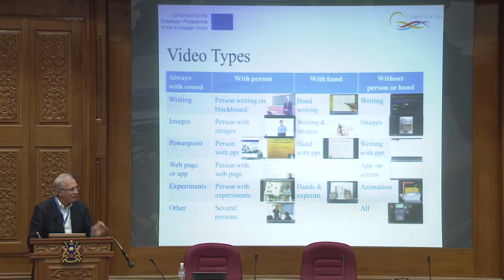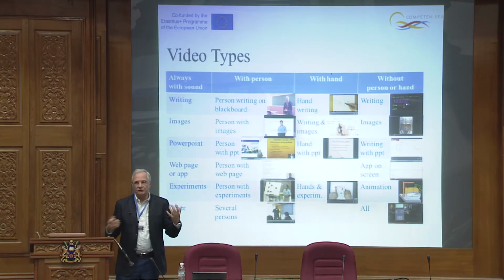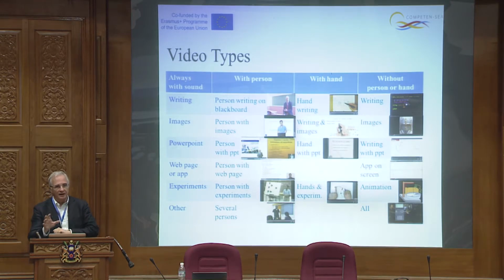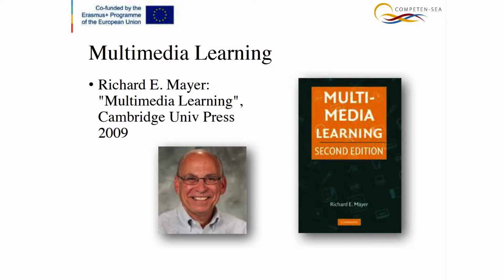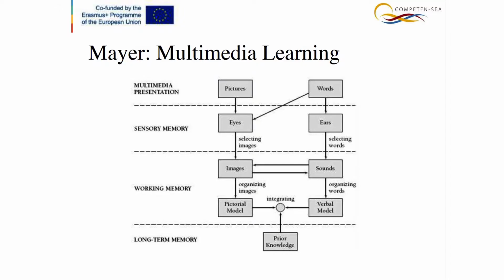Now, for the content, the thing you see on screen, there are also many interesting studies on how to combine images and text and speech. I would like to refer actually to a relatively old, 2009, already old, analysis by Richard Mayer about multimedia learning, because in a video, basically you have two sources of input.